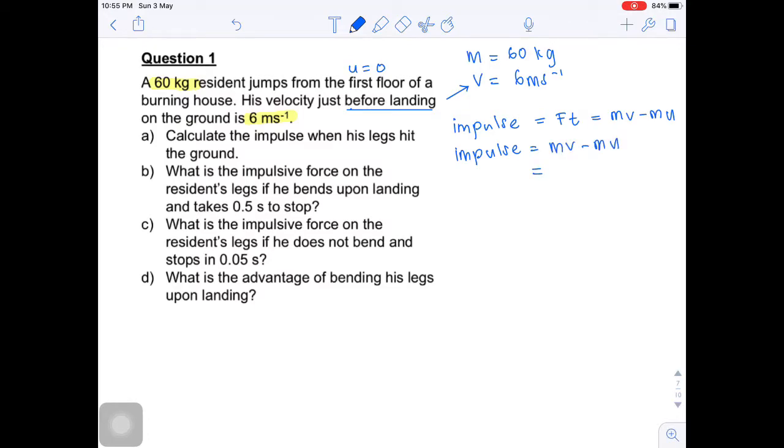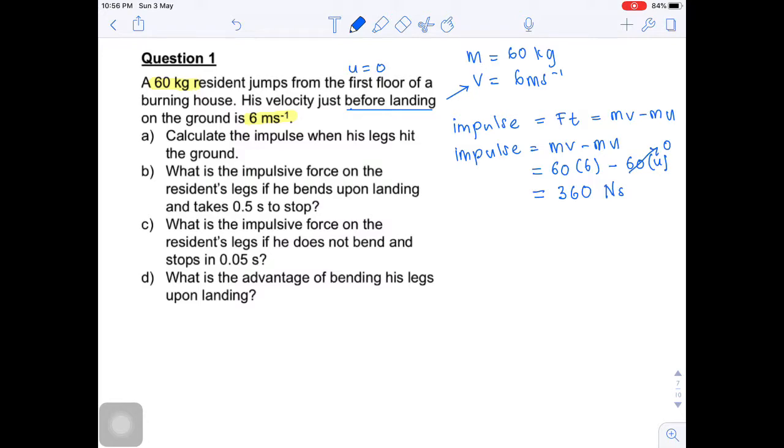The mass given is 60 kg and v is 6, while this mass is also 60, but the initial velocity is 0. So 60 times 6 is equal to 360. The unit for impulse is Newton second.